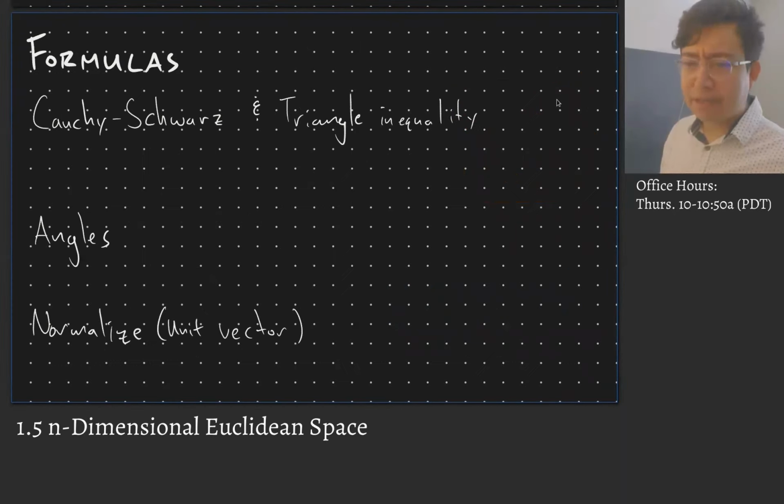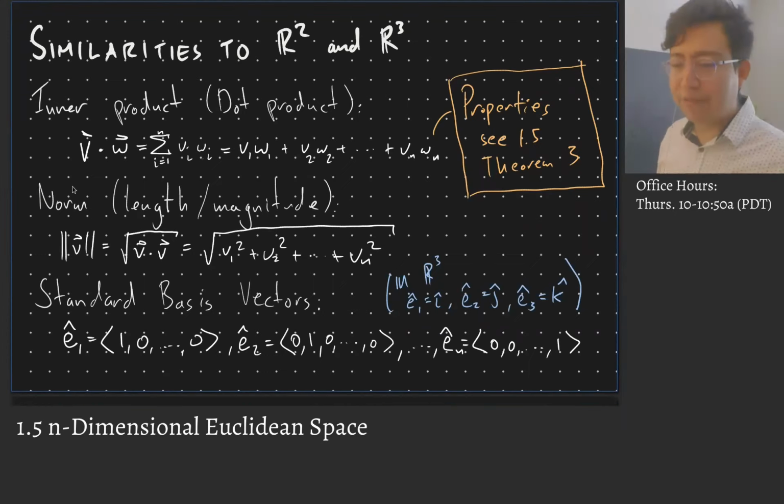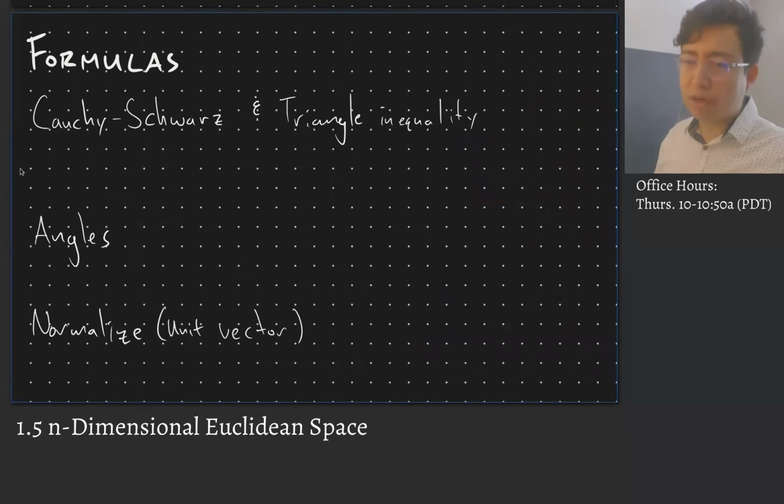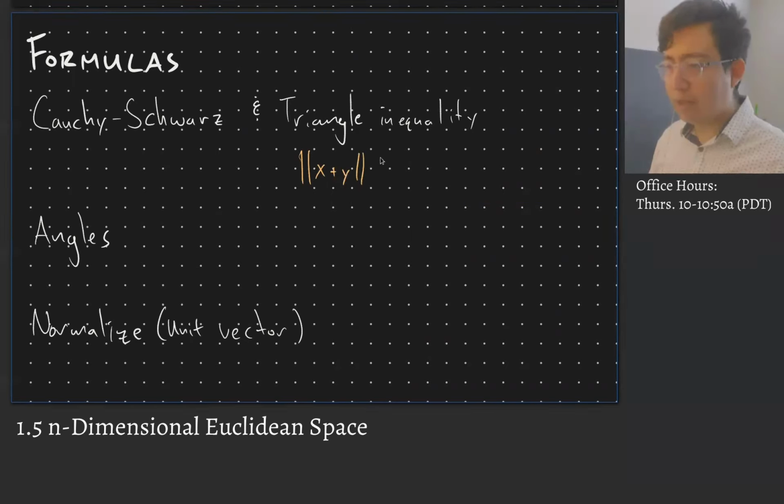And then naturally, there are some formulas for things we've seen before. This slide is mostly just to say, as a continuation of the previous slide, that all of these formulas still work. So the Cauchy-Schwarz inequality and the triangle inequality, right? The triangle inequality was that the norm of x plus y is less than or equal to the norm of x plus the norm of y.